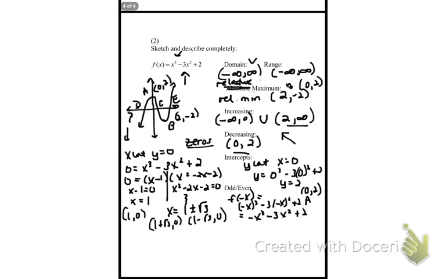This does not match our original, so it is not even. We're going to factor out a negative 1, causing the second one to become positive and the third one to become negative. If this guy matches the original, then we're odd, which it doesn't. So in this case, we are neither. And that's your graph.